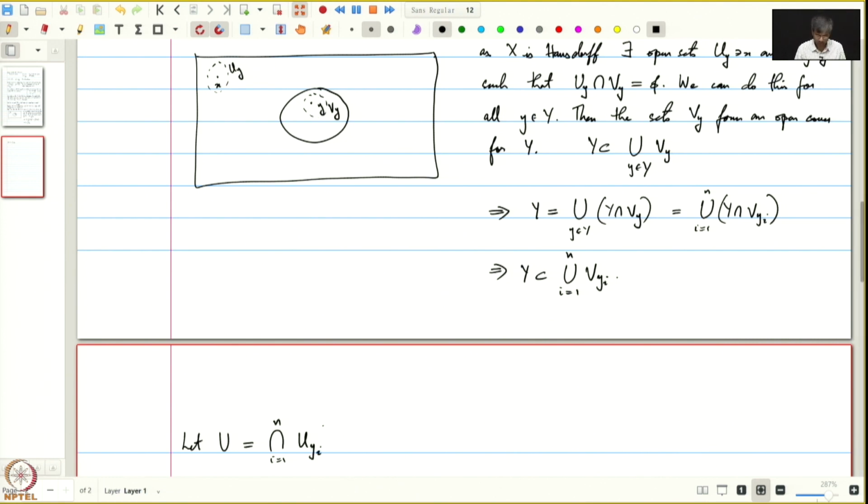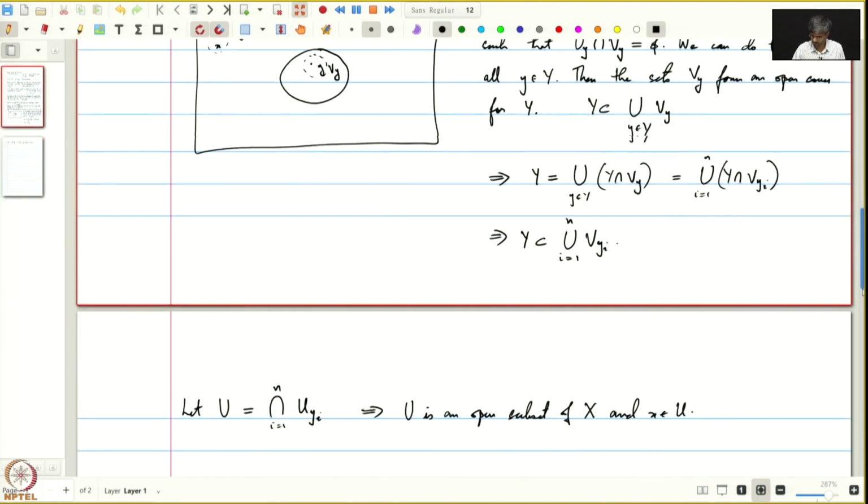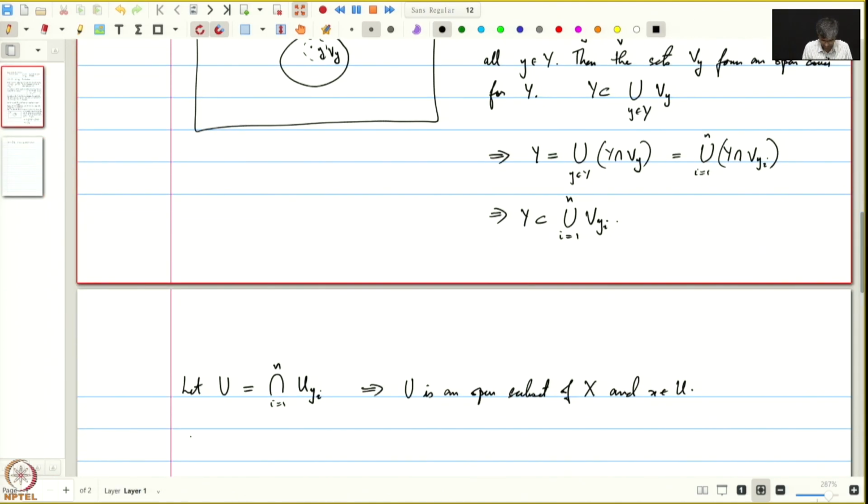Now each of these U sub y's contains x, and it is a finite intersection, so this implies that U is an open subset of X and x is in U. Okay. So we claim that.